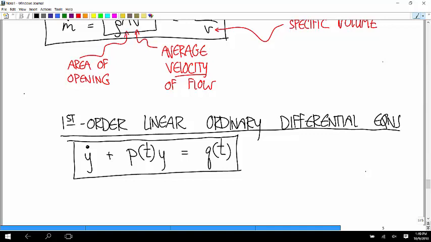There's an easy approach to this, and it's based on turning the left side into a total derivative. It's basically based on the product rule, and you don't have to know the derivation.